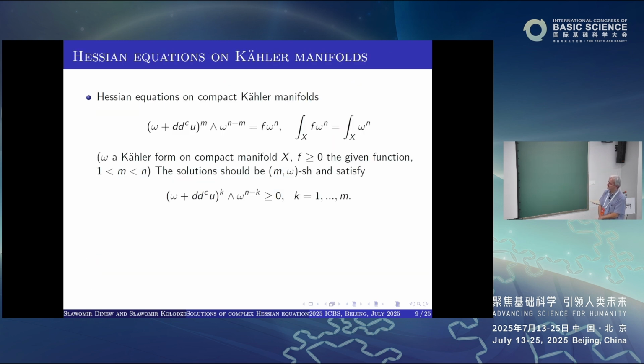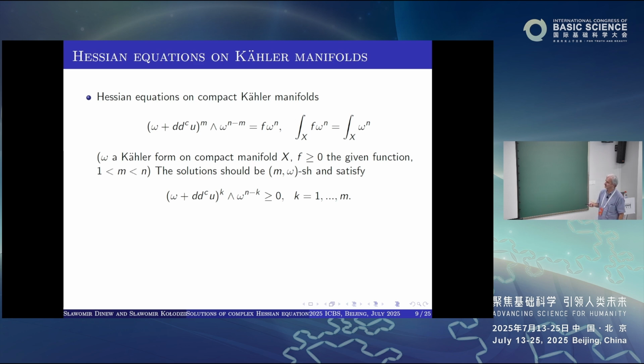And things changed when we considered the Hessian equation on compact Kähler manifolds. This is the statement now. Of course, it is different now because all m-subharmonic functions on a compact manifold would be constant, so we have to add this omega here.